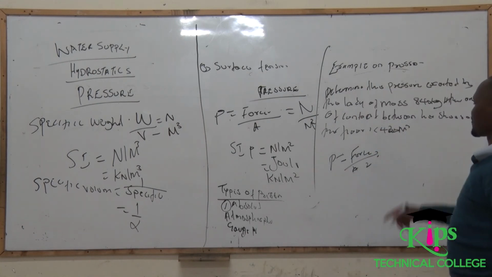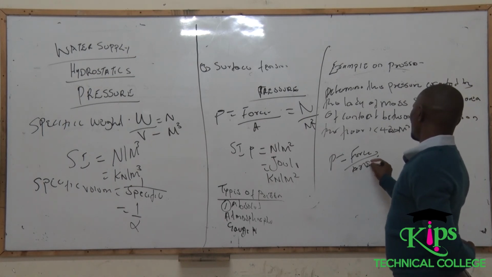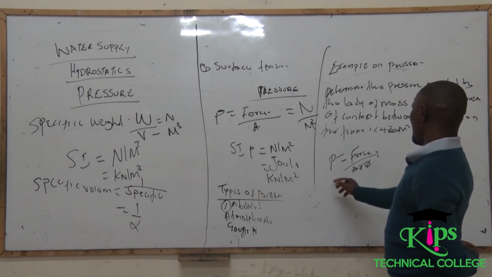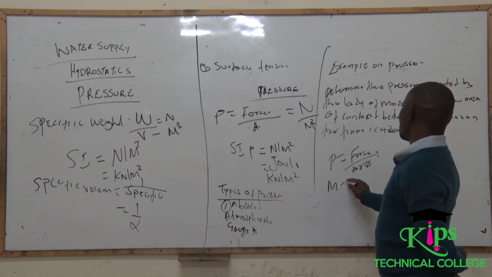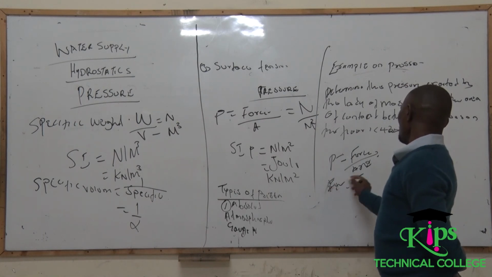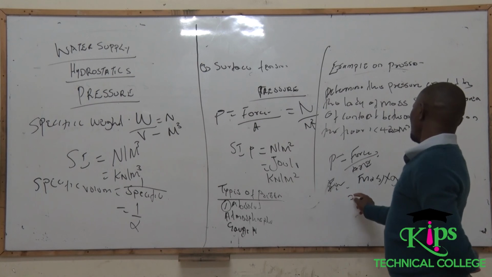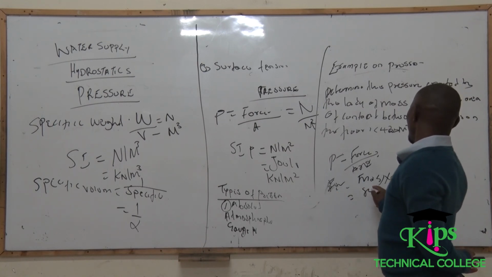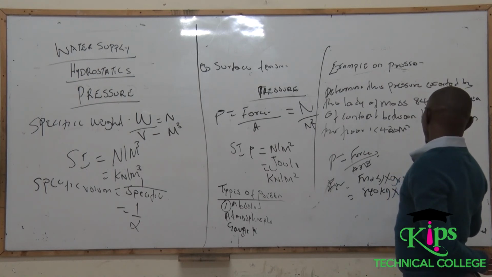Looking at what we are given, we are only given the mass, so we are required to convert the mass into force. The relationship is that force is mass times gravity. So to get the force, we multiply 840 kilograms times the gravity of the earth, which is 10 Newton per kilogram.